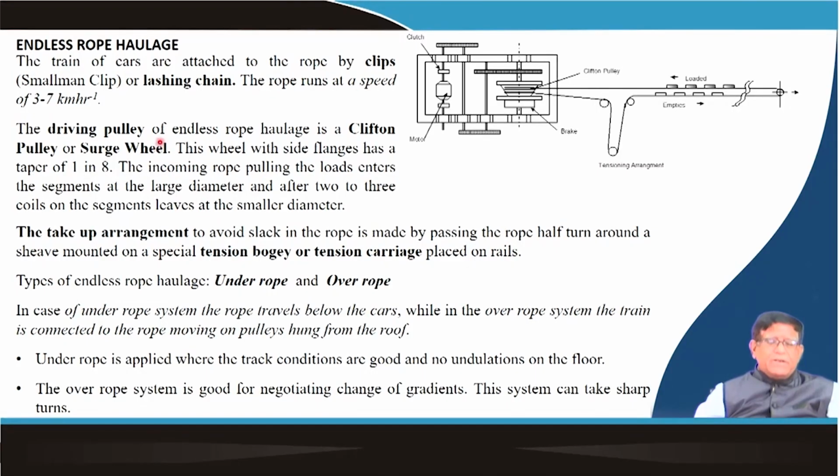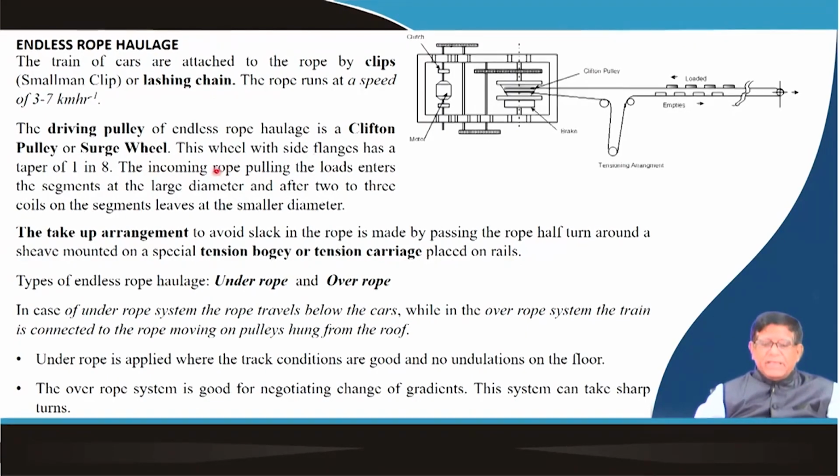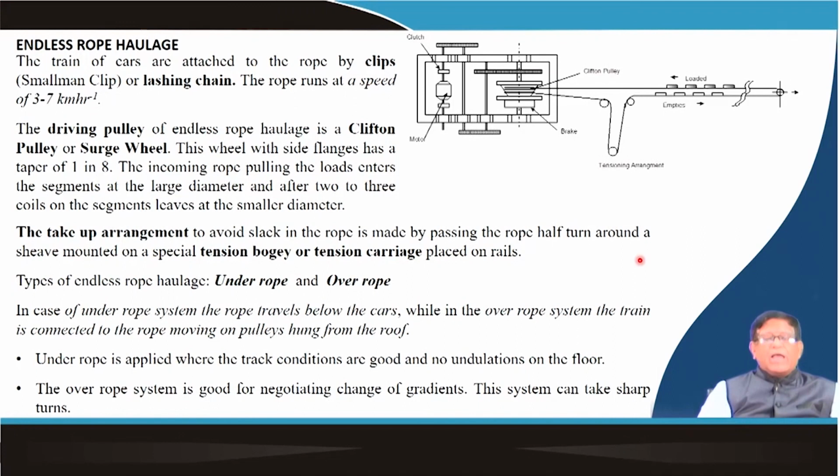The driving pulley of the endless rope haulage is the Clifton pulley, as I said, or sometimes it is also called the Sarge wheel. This wheel with side flanges has a taper of 1:8. The incoming rope pulling the loads enters the segments at the large diameter, and after 2 or 3 coils on the segments leaves at a smaller diameter.